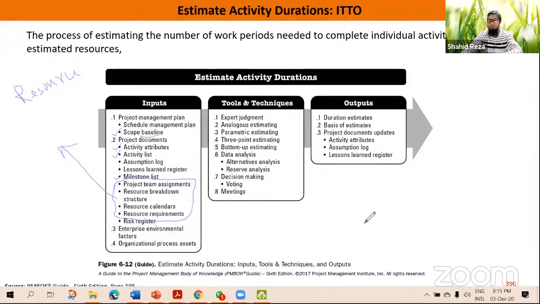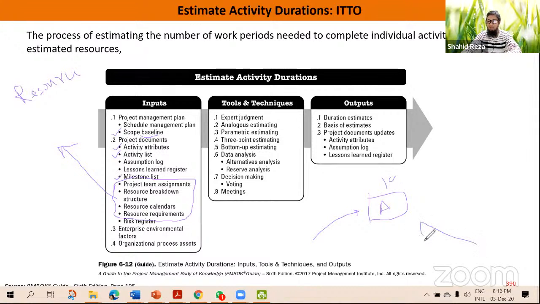All right, because if you don't know which resources are working on which activity, you cannot get the actual value of the duration. What does it mean? For one activity A, if you use a novice or new employee who does not have any experience, maybe he will take 10 days to complete it.